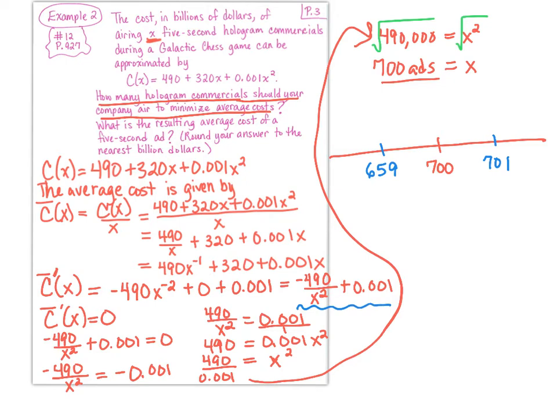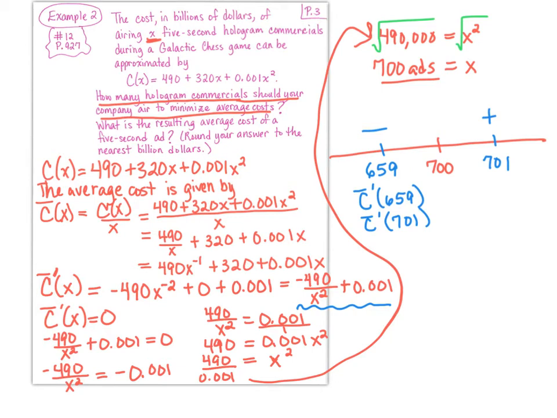If you take a minute and check C bar prime of 659, you'll find you get a negative. Substitute that in there and verify it. Then if you check C bar prime of 701, you get a positive. It changes from negative to positive, and because of that, we have a minimum.